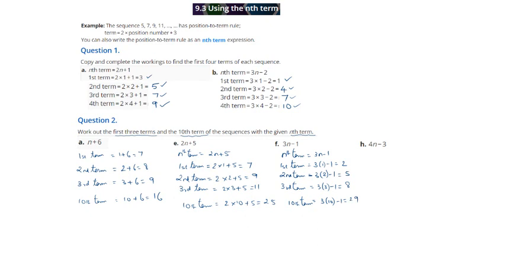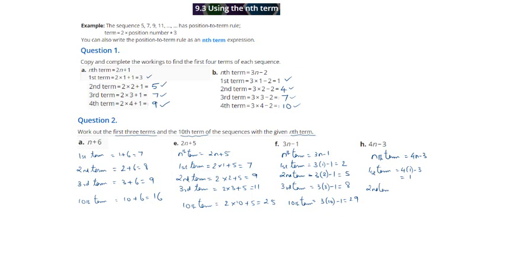Moving on to the last sum. Here the nth term is 4n minus 3. Now let's find the first three terms and the 10th term. So first term is 4 times 1 minus 3 is equal to 1.